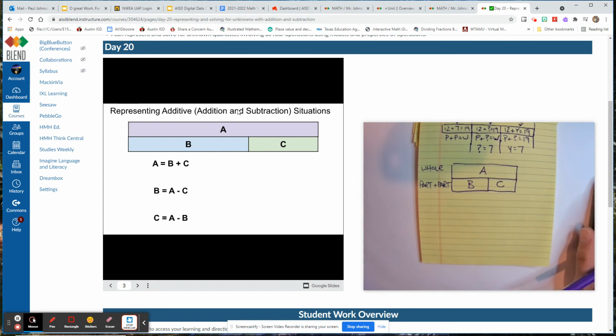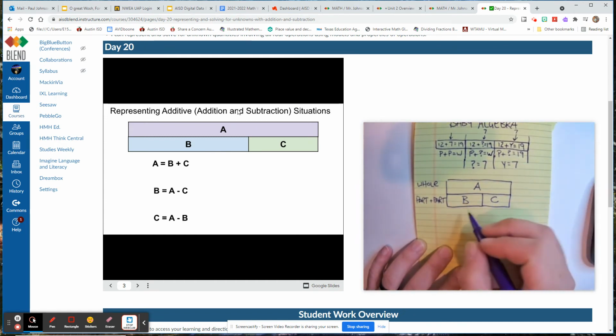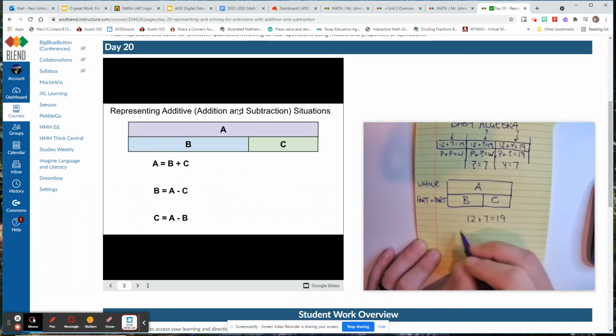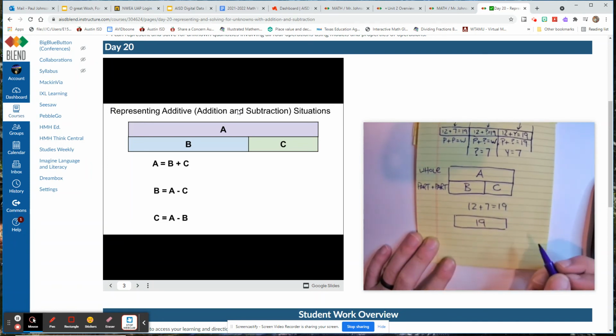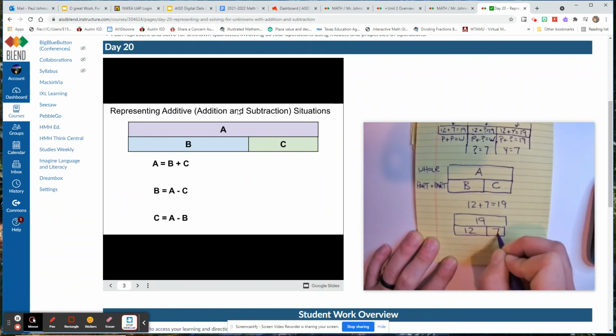So we can use a strip diagram to represent all sorts of things. If we're using the previous problem with 12 plus 7 equals 19, our whole would be the 19, and one of our parts would be 12, and one of our parts would be 7.